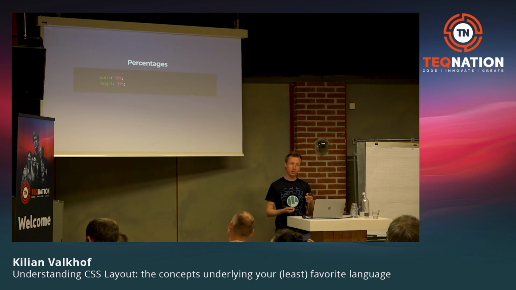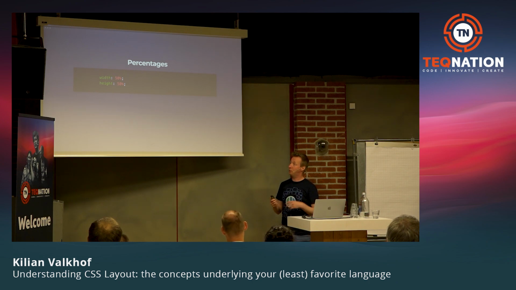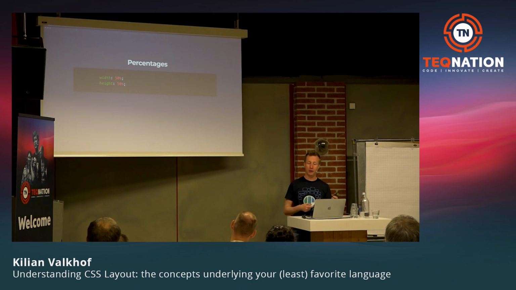When you use percentages in CSS, what is it a percentage of? For width and height, it's a percentage of the width and height of the offset parent. And I'll explain what that is in a bit. But when you use a percentage for padding or margin, it's always related to the width, even if you use a padding top.